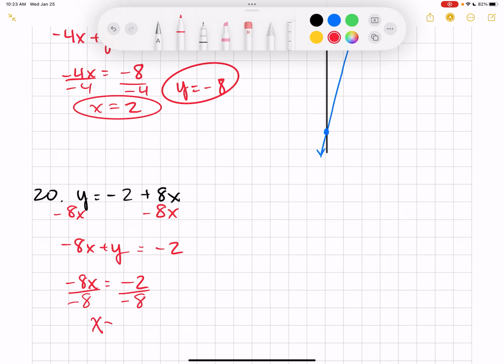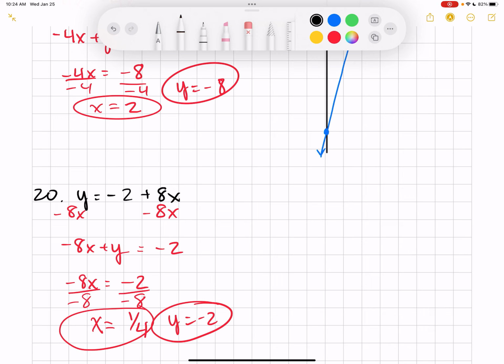So I get x is equal to 1 over 4. So just treat it like a normal fraction and reduce it down as much as possible. And the negatives go away, so it's going to be 1/4. And then what about y? Y equals -2.